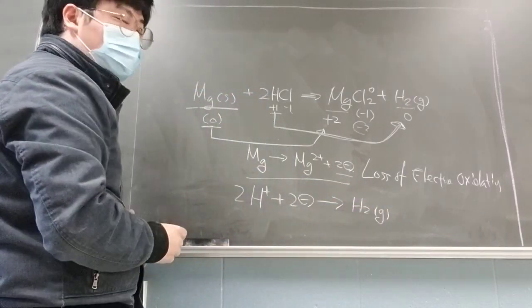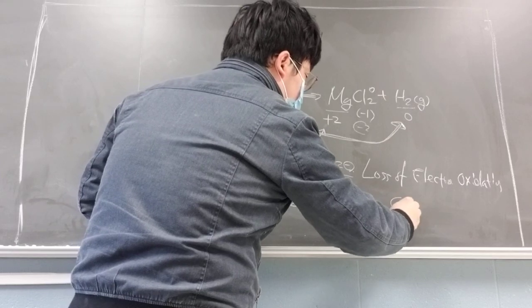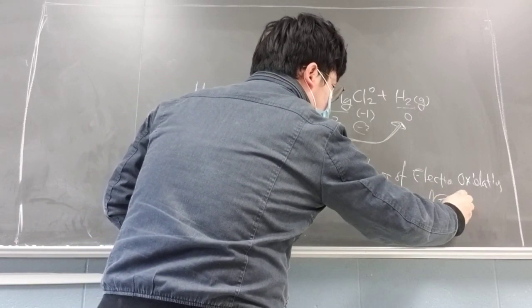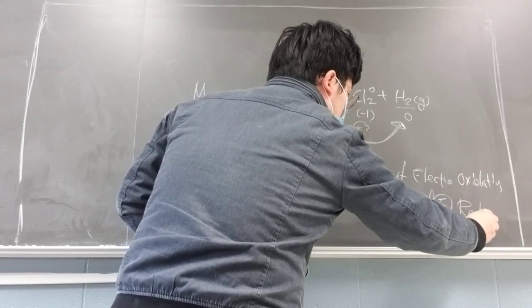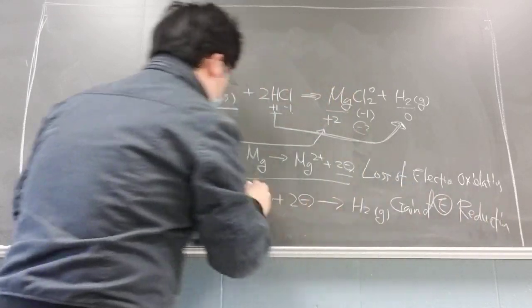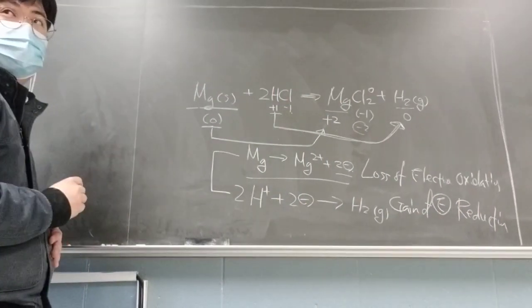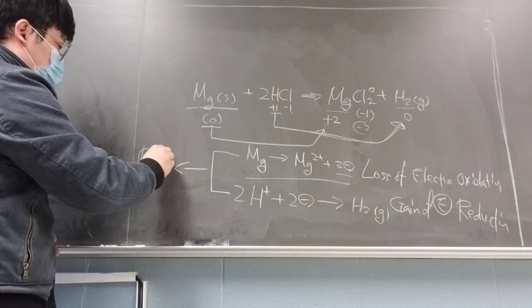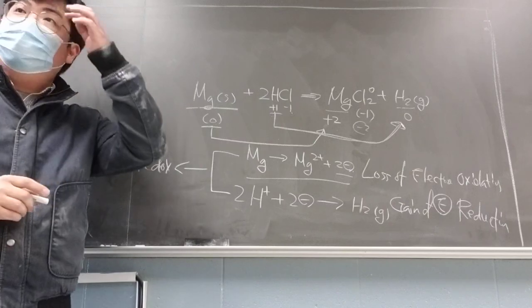So this is gain of electron. This is reduction. As you can see, they all pair up together. Redox. Makes sense, right?